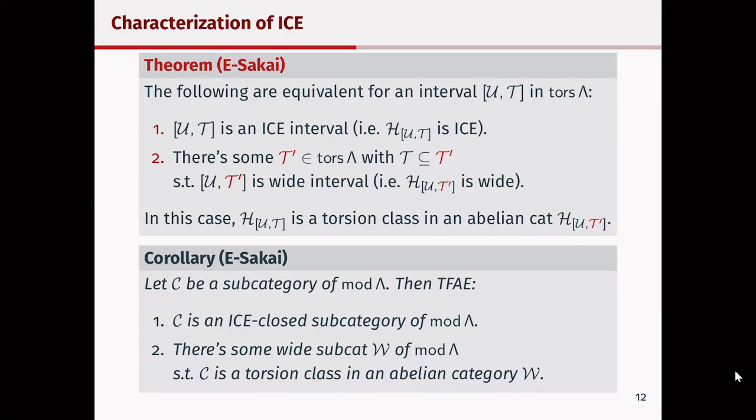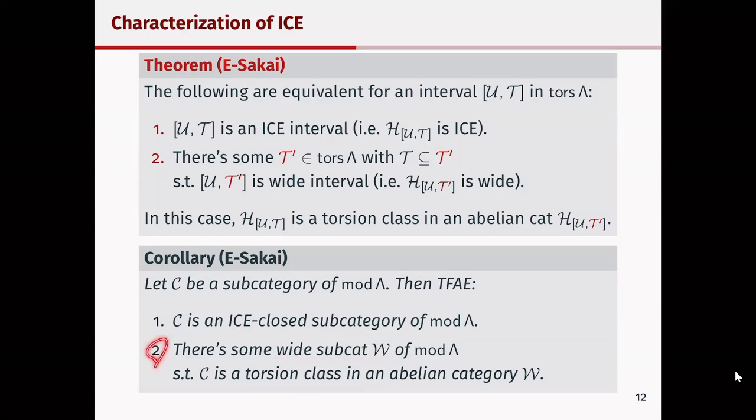But the implication is a little surprising, because every ICE closed subcategory can be realized as a torsion class of some wide subcategory. So this says that the study of ICE closed subcategories is in principle reduced to the study of wide subcategories and torsion classes in it.